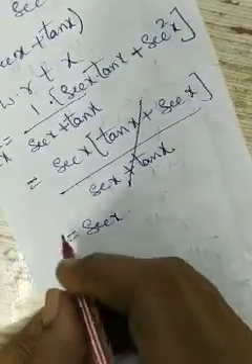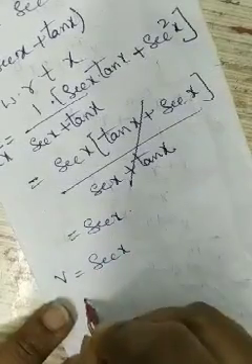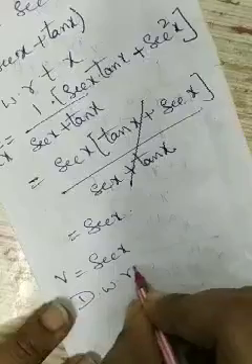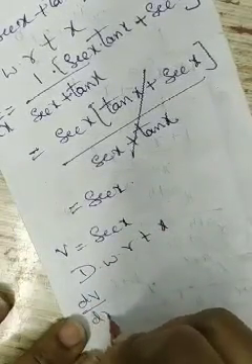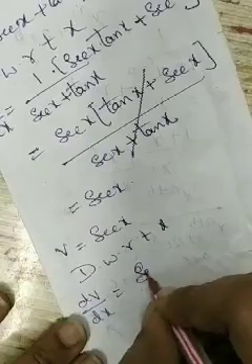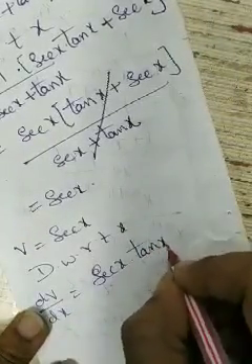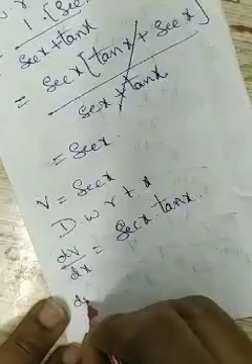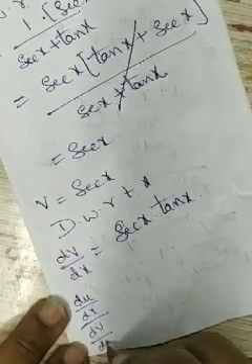Now take v as secant x. Differentiate with respect to x. dv by dx, secant x derivative is secant x into tan x. du by dx divided by dv by dx.